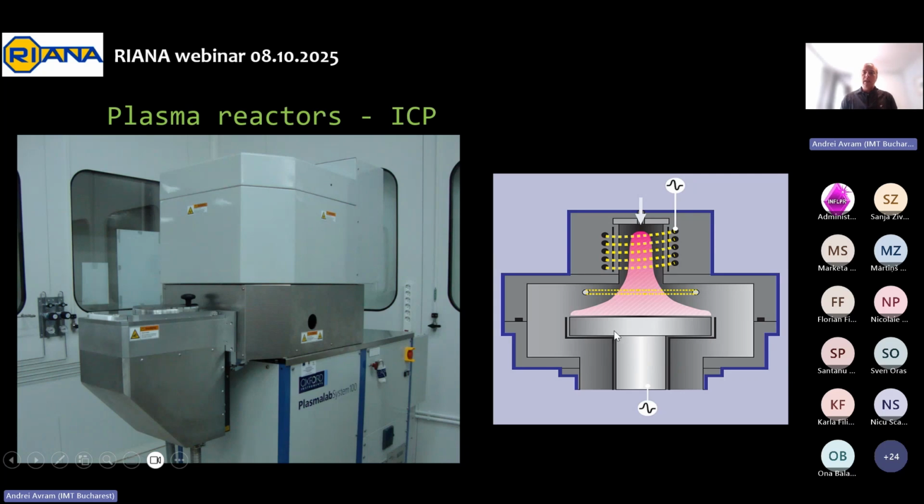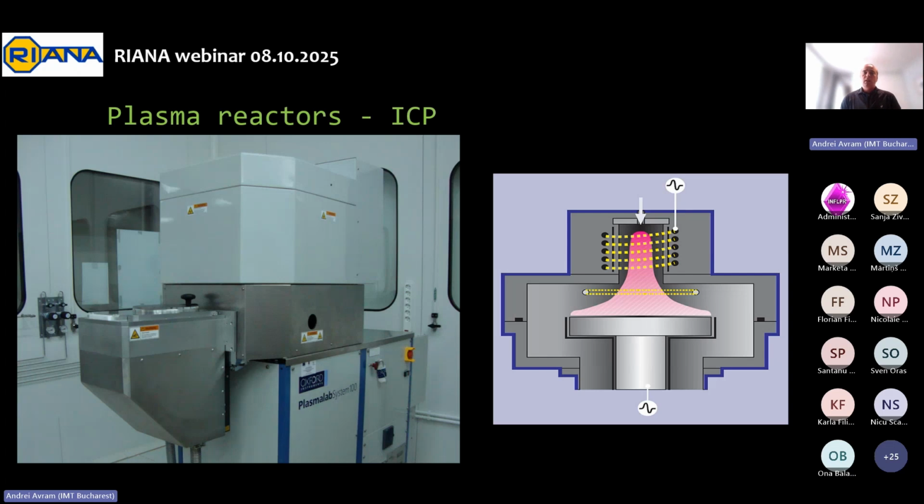But in this case, for the ICP, we don't use the lower electrode to generate the plasma. We use the lower electrode just to apply a small bias to the lower electrode in order to attract ions. We use the coil to actually generate the plasma, to ignite the plasma inside the chamber.